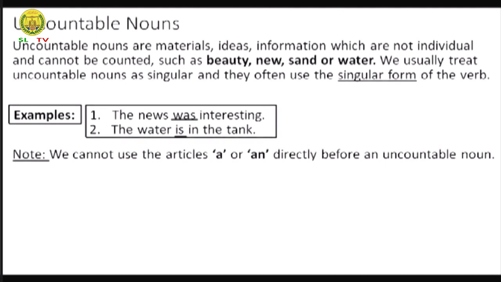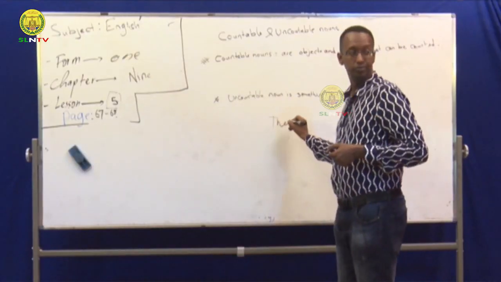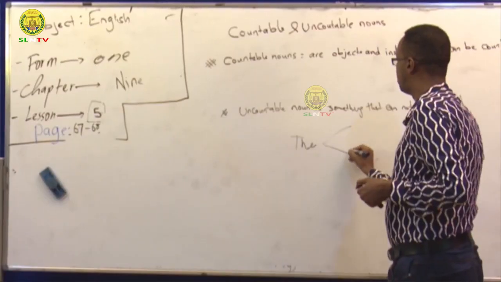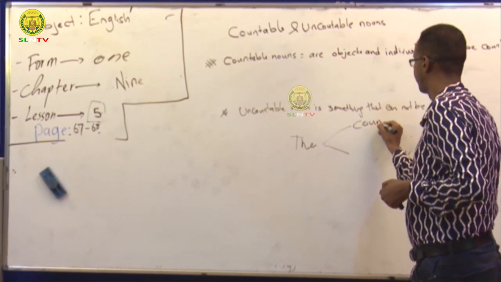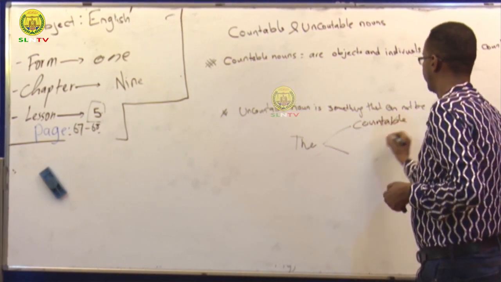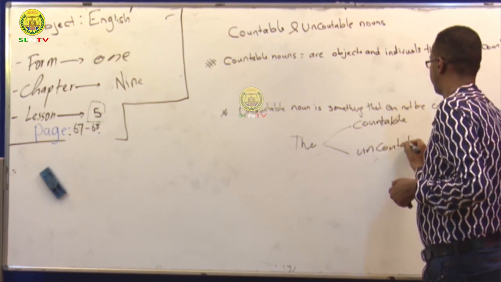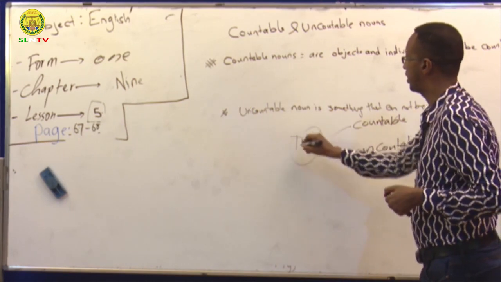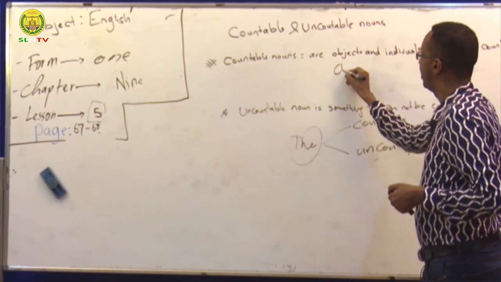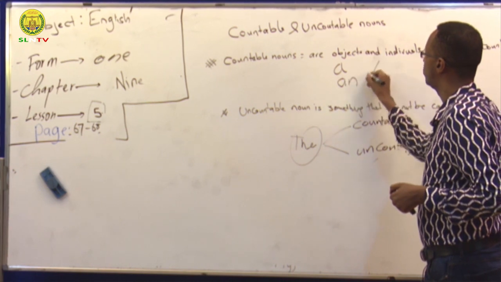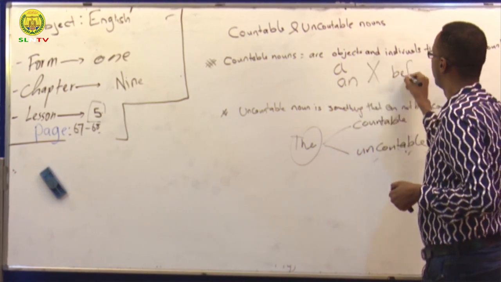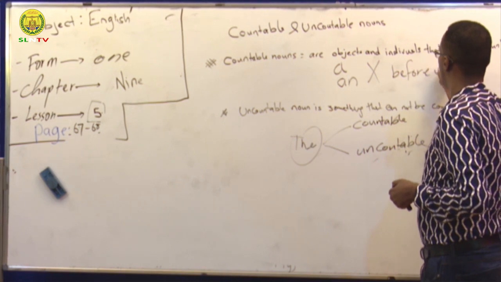Wixii uncountable ah lagama horreysiin karo. Laakiin the, sida muxuu ahaa example-ka, muxuu ahaa boardka noogu jira ama sabuuradda. So we can use the for both countable and uncountable, but a and an we cannot use before uncountable.